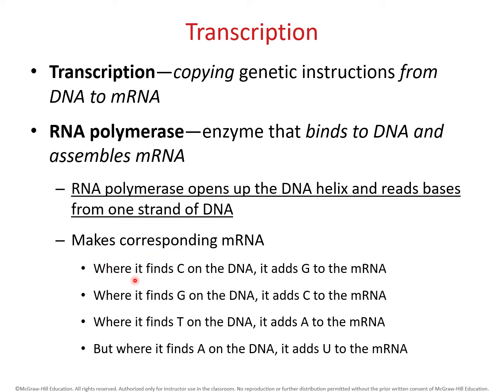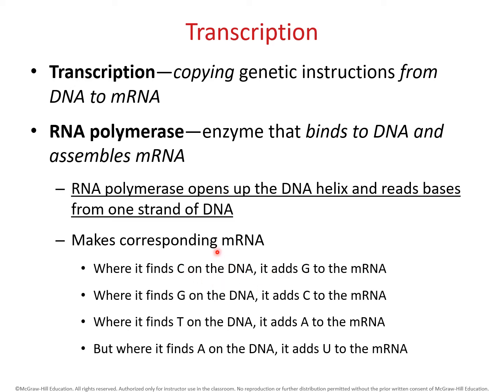Wherever RNA polymerase finds a cytosine on DNA, it is going to add a guanine base to the mRNA strand, which is right there. This is part of complementary base pairing.